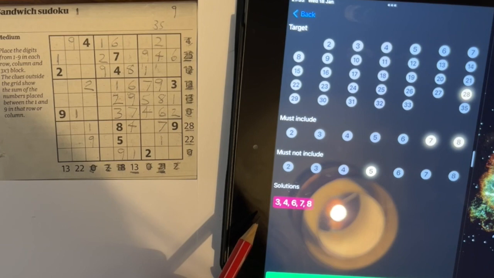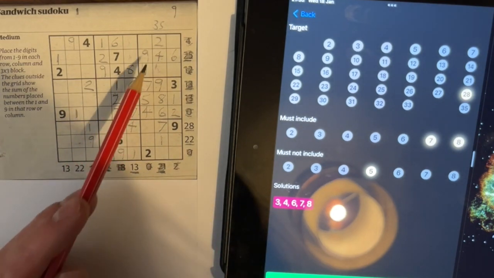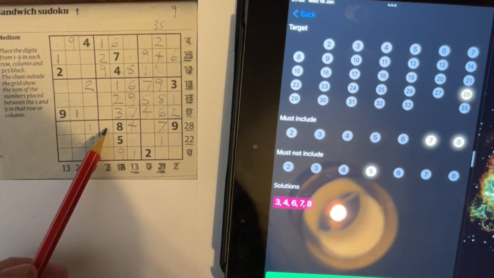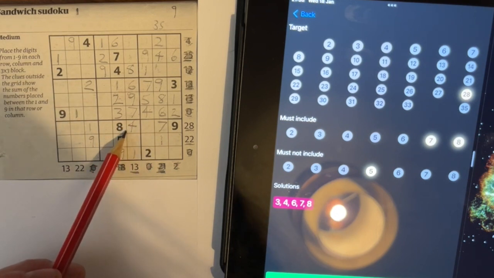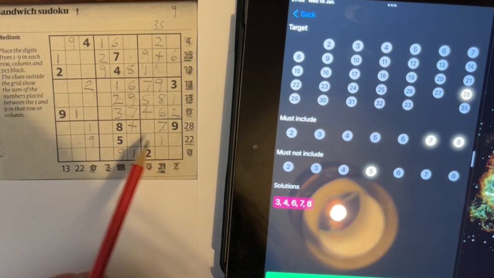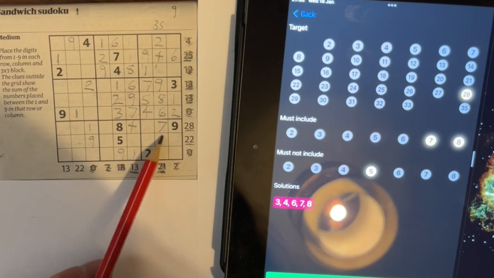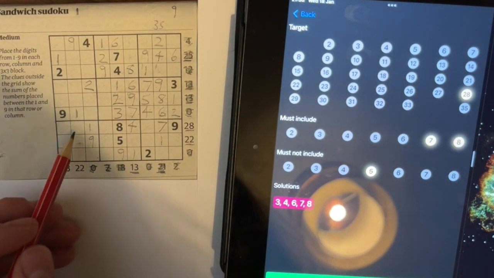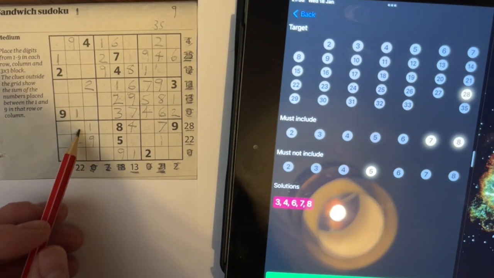And then when it comes to the 6, the 6 could be here, and I think the 6 could be here. The 7's already taken and the 8's already taken. And let's just check the 3 again. So the 3 could be there or there, so not quite there. And again, well, we could put what could go here, but I don't think this helps us.